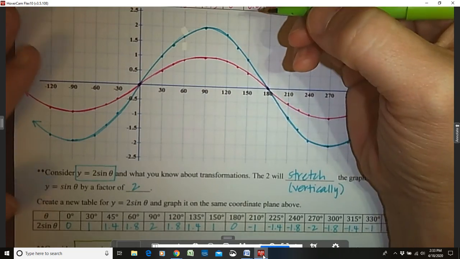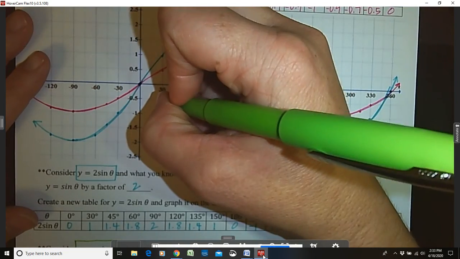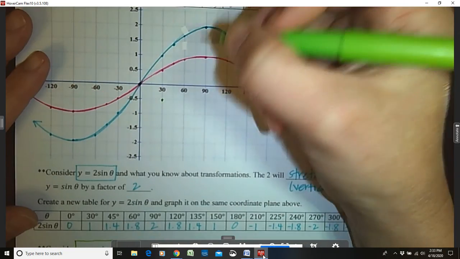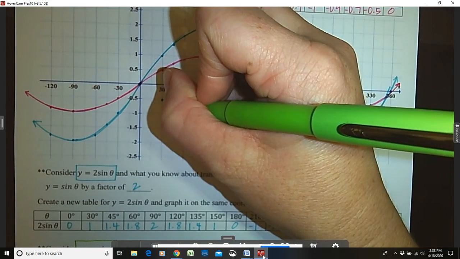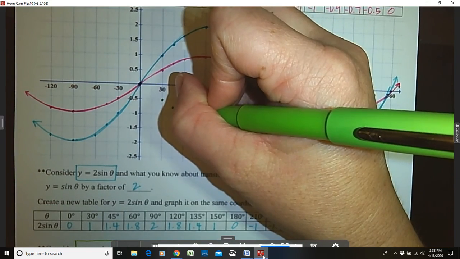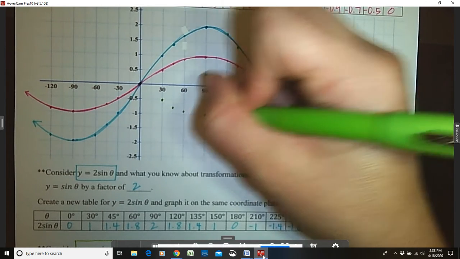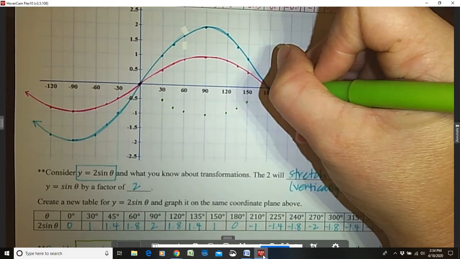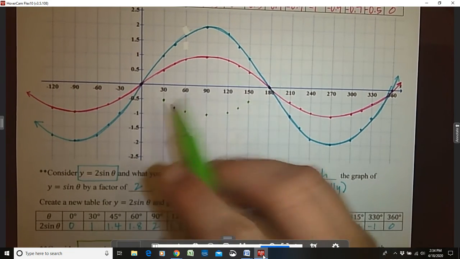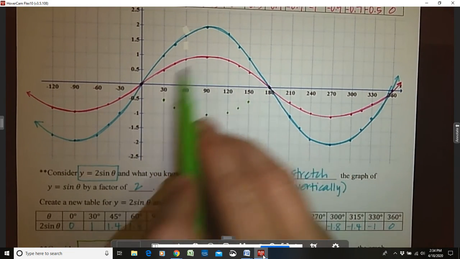I have 0, 0 again, -0.5. 45 is -0.7, -0.9. So you can see if I look at my regular sine, it has the same height now.